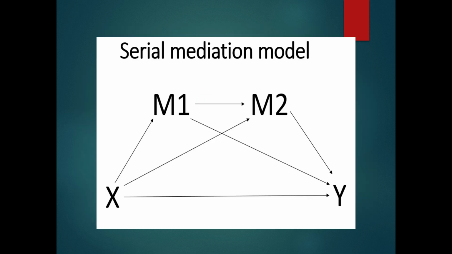Here we have the serial mediation model. In a serial mediation model, we have more than one mediator, and we have to see how these mediators serially affect the dependent variable. In our case, the relationship goes from X to M1, M1 to M2, M2 to Y.